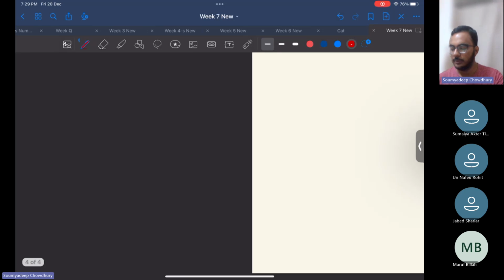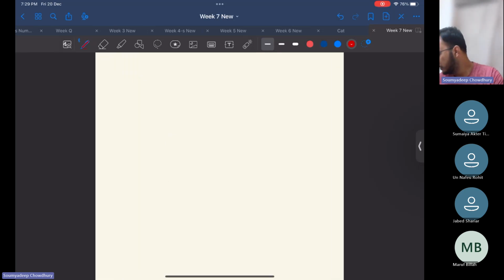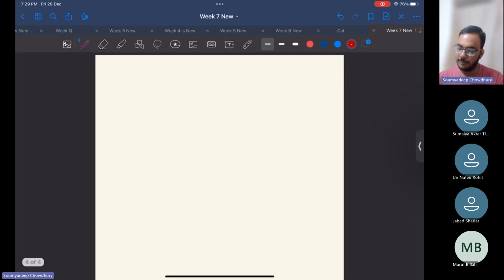Okay, fine. So then I'll move to the next topic of today. So we'll first see Newton's interpolation formula. Before that, we will see the basics of interpolation.